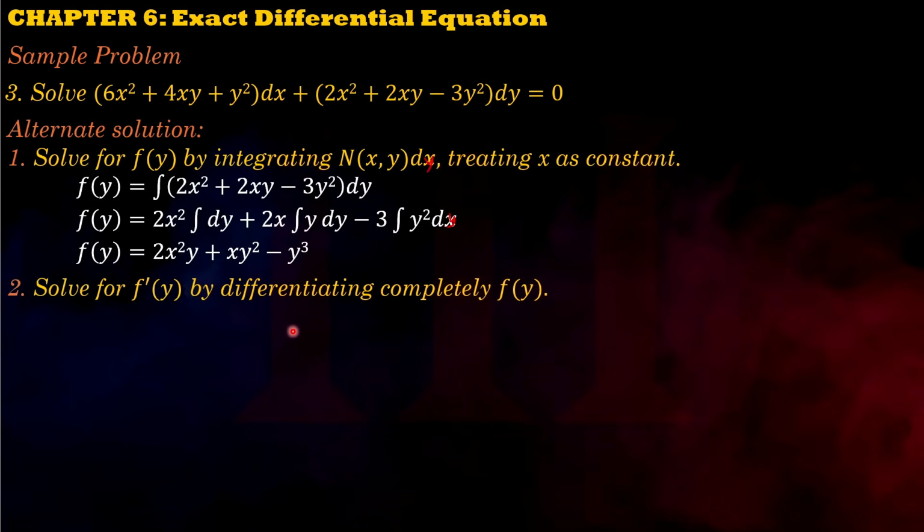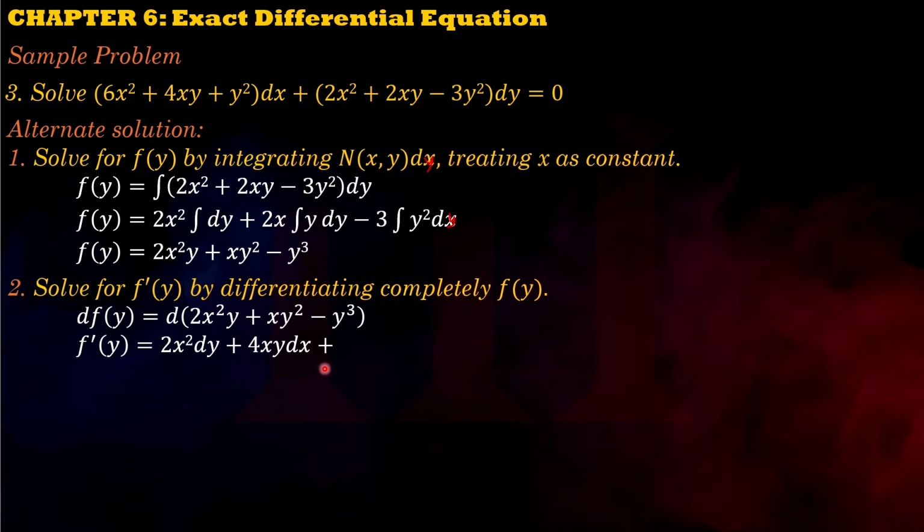Now the second step would be completely differentiating f of y. So the derivative of f of y is f prime of y. So we have to apply product rule again. We will come up with 2x squared, the derivative of y is simply 1 times dy, and the derivative of 2x squared is 4x times y, and the derivative of x is simply dx.